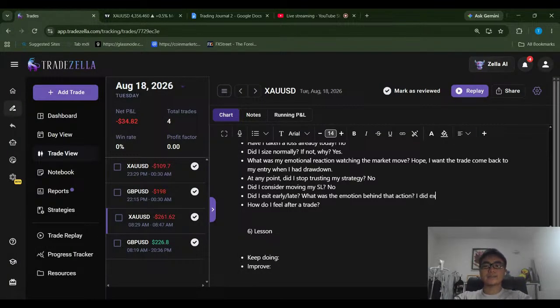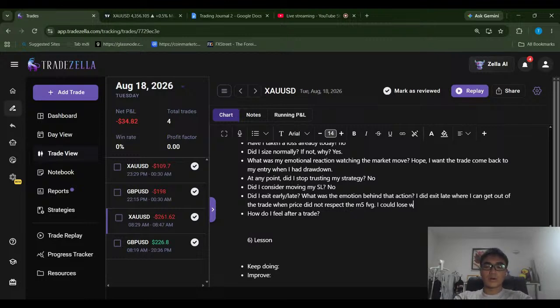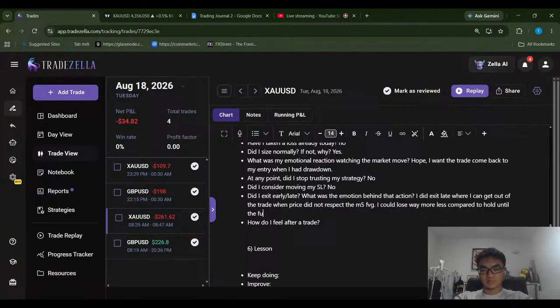I did exit late, where I could have gotten out of the trade when price did not respect the M5 FVG. I could lose way less compared to holding until the stop loss.